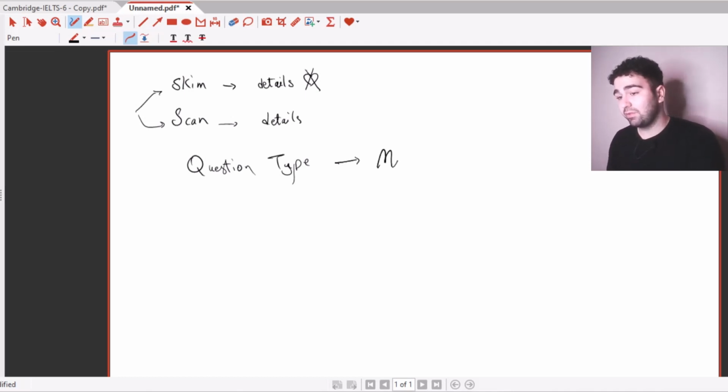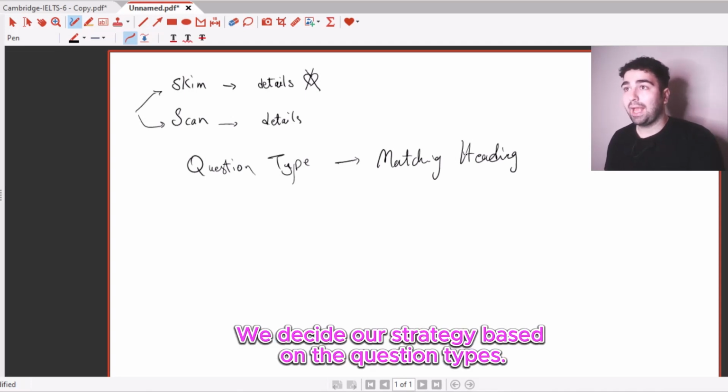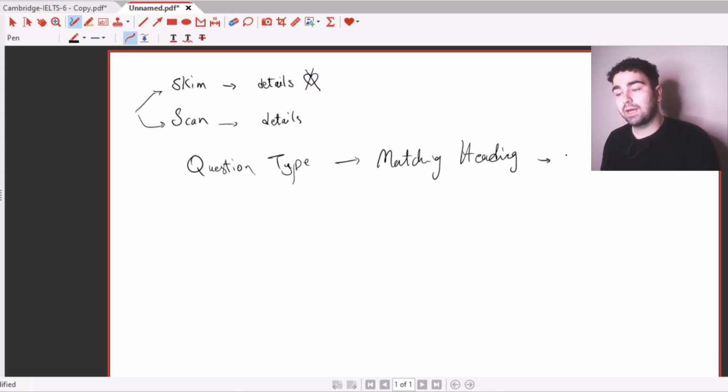For example, if you have matching headings and you're scanning a text, you're probably close to getting your answer wrong, because matching headings asks for skimming, not scanning. Then you go into details, you make mistakes.